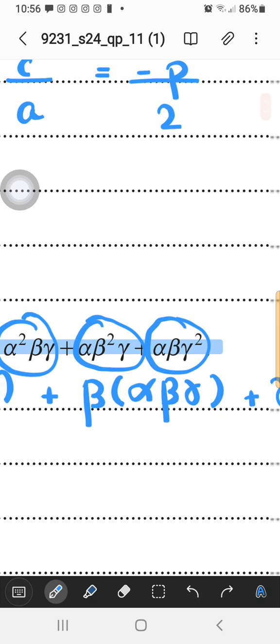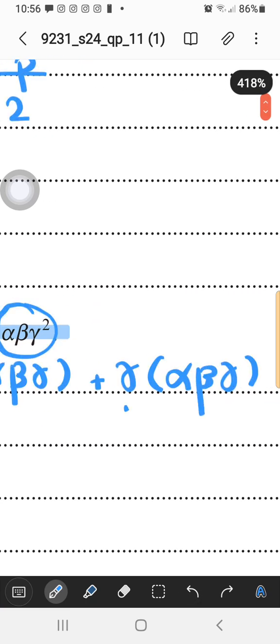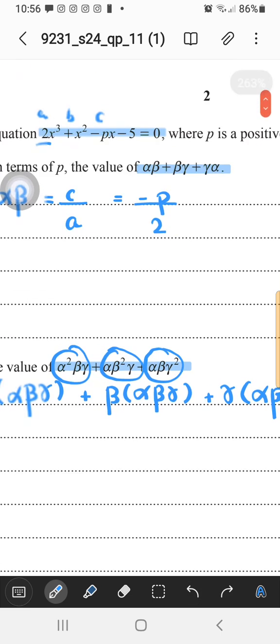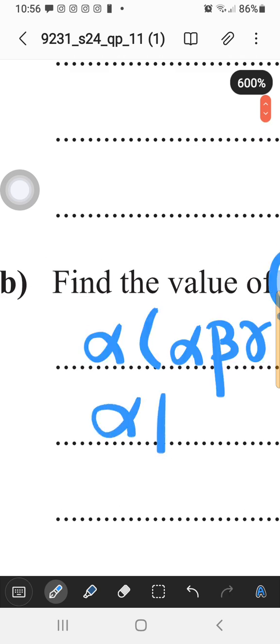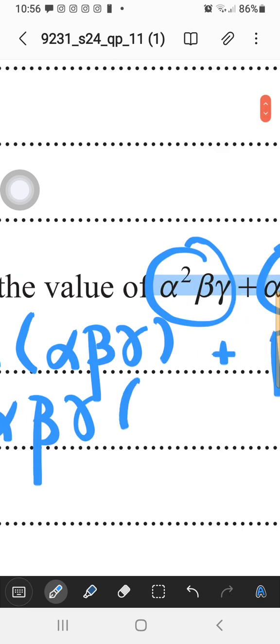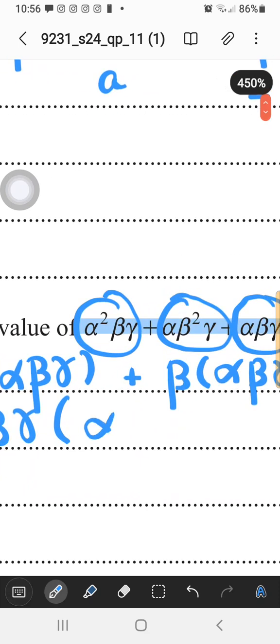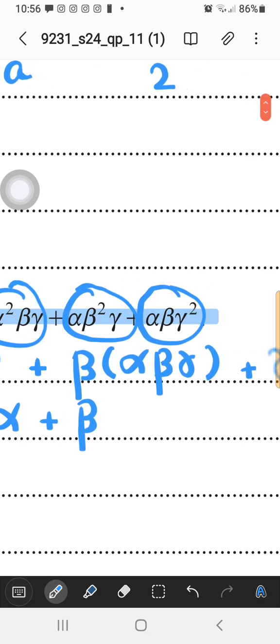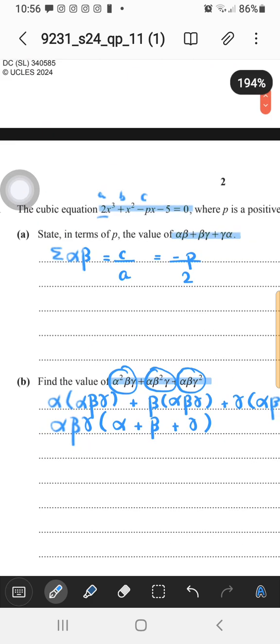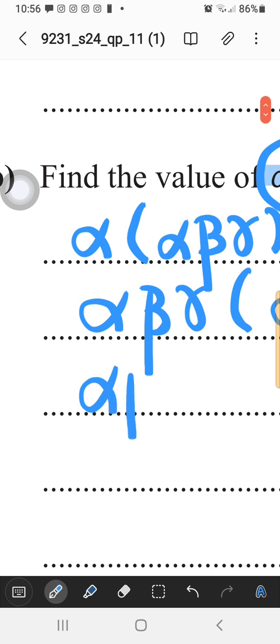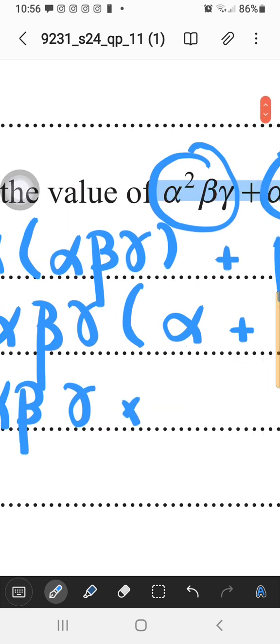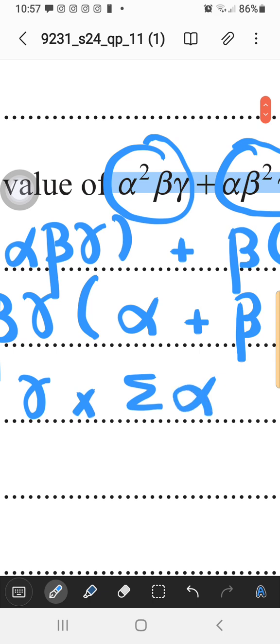If we multiply beta with this, it becomes alpha beta square gamma. And if we multiply this with this, it becomes alpha beta gamma square. So we got alpha beta gamma common. We can write alpha beta gamma here, and alpha plus beta plus gamma. So we got the formula: alpha beta gamma multiplied by sum of alpha.